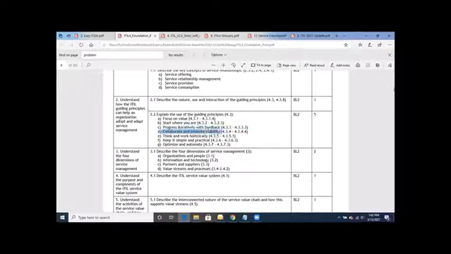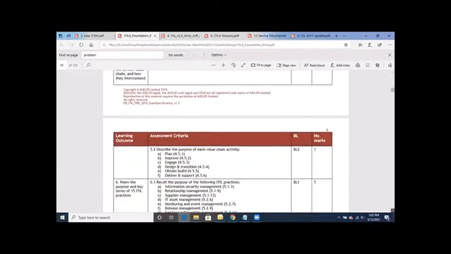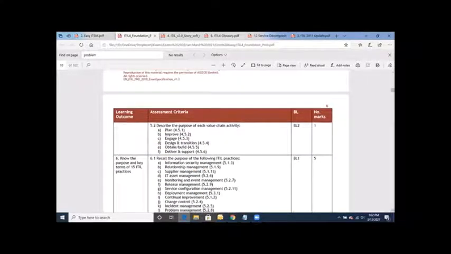Collaborate and promote visibility. कस्टमर को सब कुछ बता के रखो. कुछ भी छुपाओगे बेटा तो बाद में पंगा हो जाएगा. All these are very simple guiding principles. 5 more marks. Simple. 4 P's, 2 more marks. Service value system, 1 more mark. Then you have got service value chain activities, 1 more mark, 1 more mark.